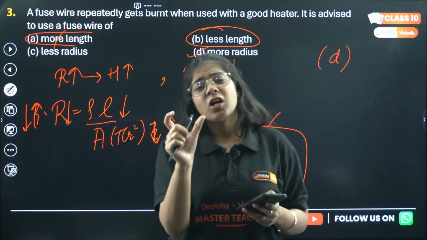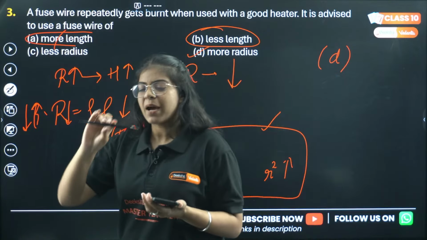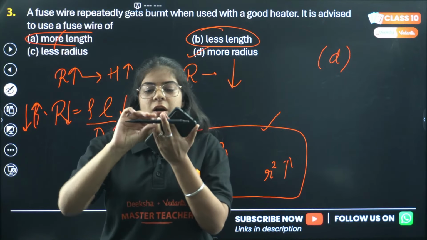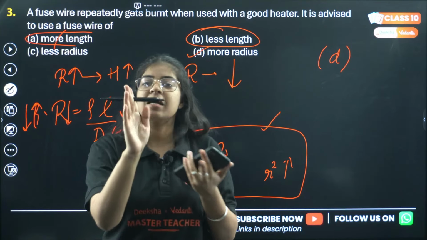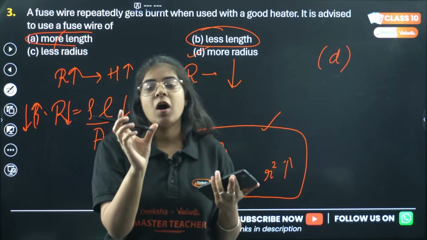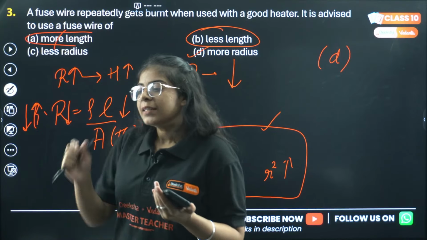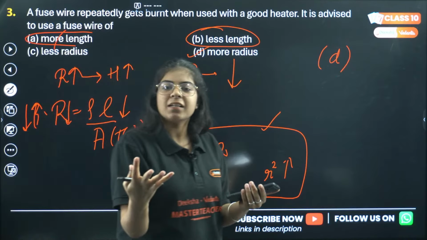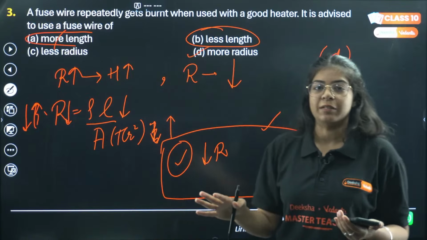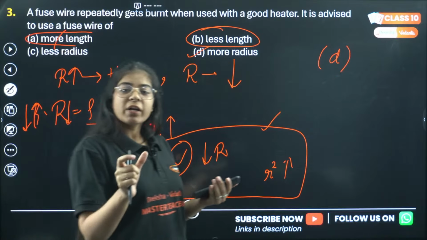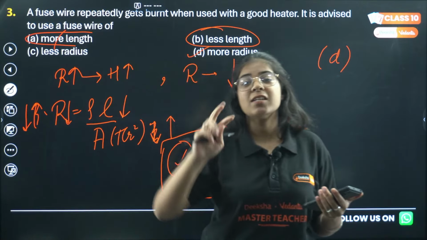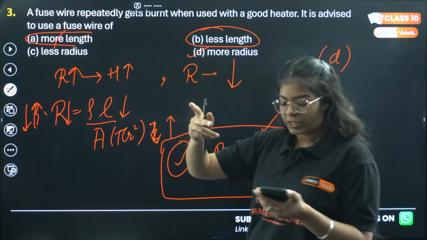But why not less length is, let me say my fuse wire is this long and it's getting heated in 2 seconds. But if my length is halved, or I have shortened the length, that shortened length will again get very heated very fast. Looking at the formula, the radius has squared inverse proportionality.